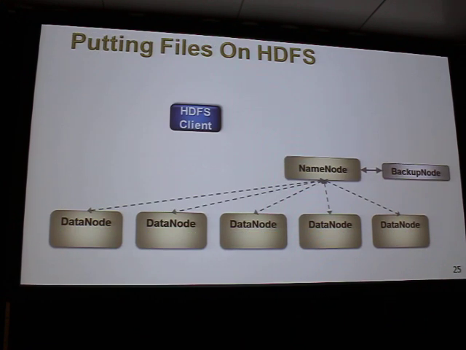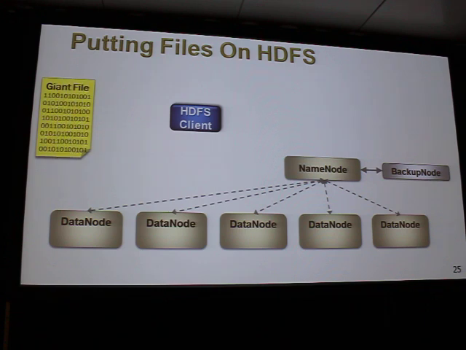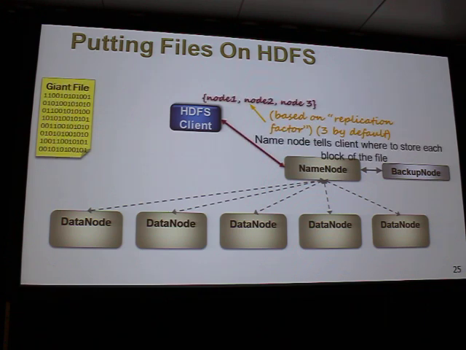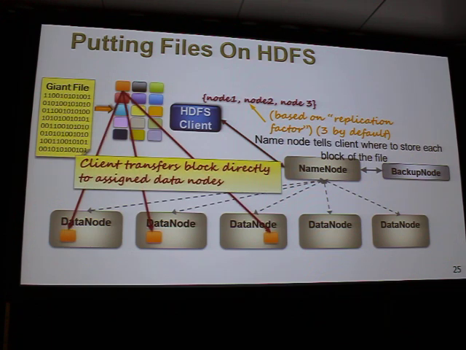So what does it take to actually put some files onto HDFS? Well, you take your file, you talk to the name node. The name node says you have a replication factor of 3, which means you need to go talk to these guys. And then, what happens after that? What a lot of people thought when I did this presentation a couple of times is that the writes go through the name node.